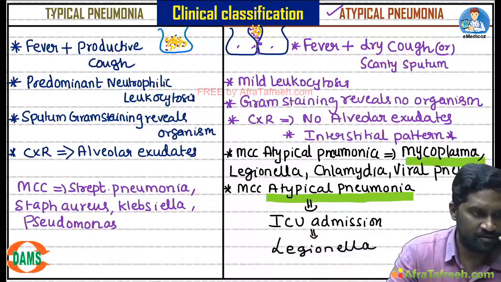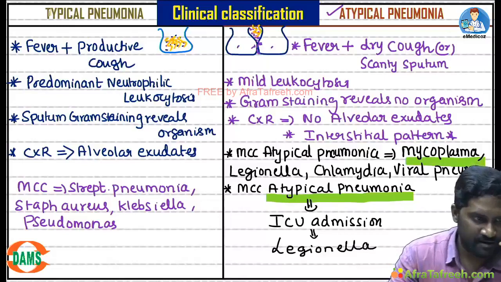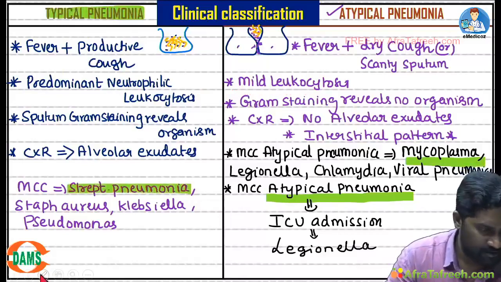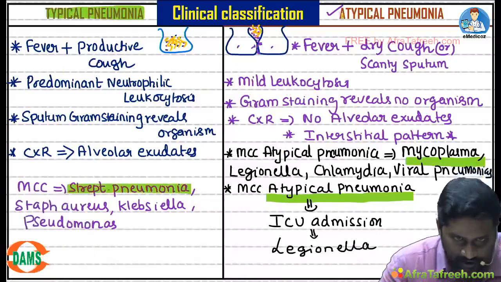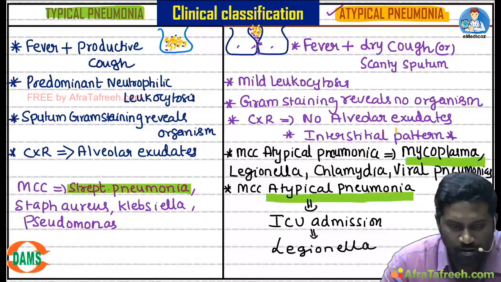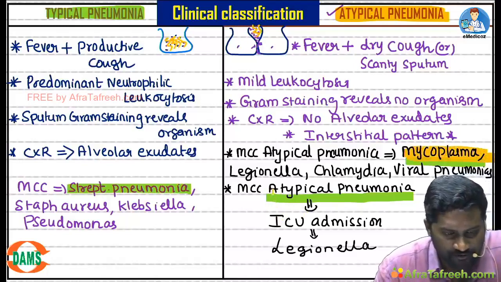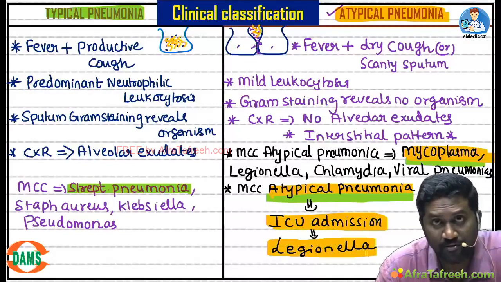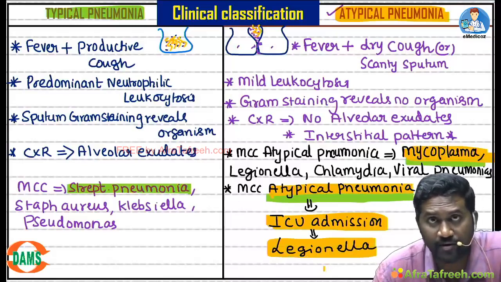So in the question, if they mention typical pneumonia, most common cause Streptococcus pneumoniae. If they mention atypical pneumonia, most common cause Mycoplasma, and most common atypical pneumonia resulting in ICU admission will be Legionella.